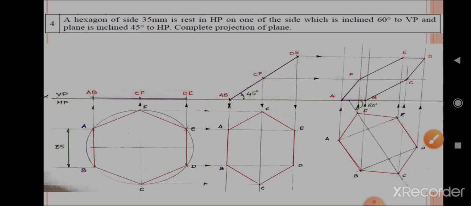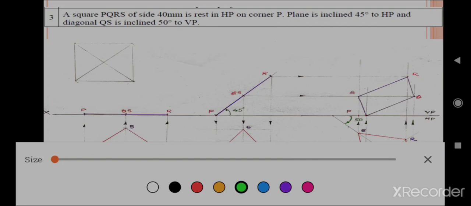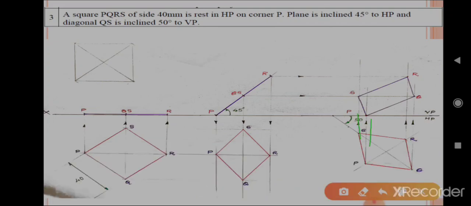And after that, take the vertical projection from each point in the front view, and then take the horizontal projection lines.